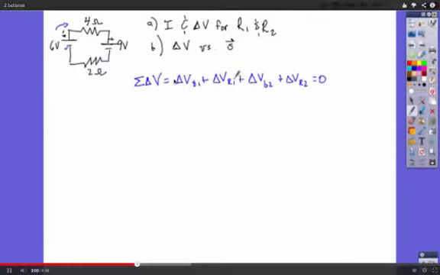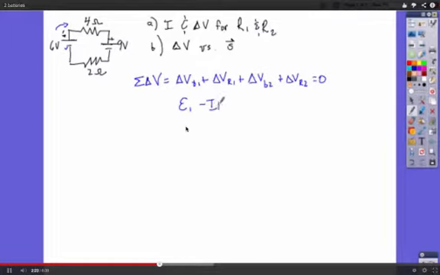First we have VB1, then VR1, so that's R1, then VB2, the 9-volt, and then VR2. As we go across all of these elements, the net voltage is going to be zero.